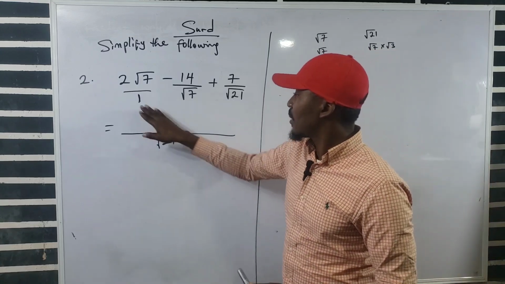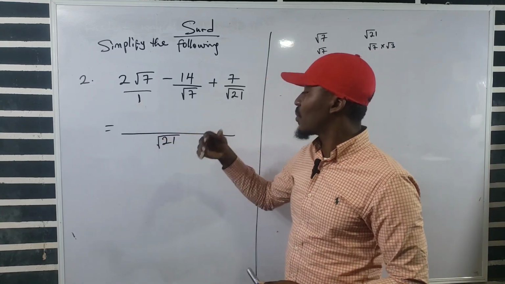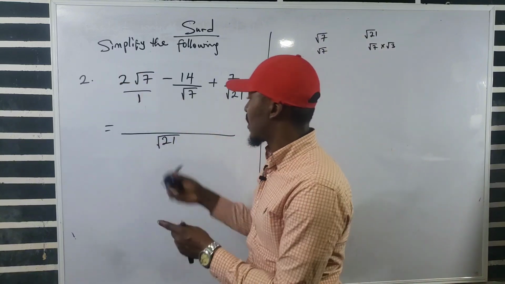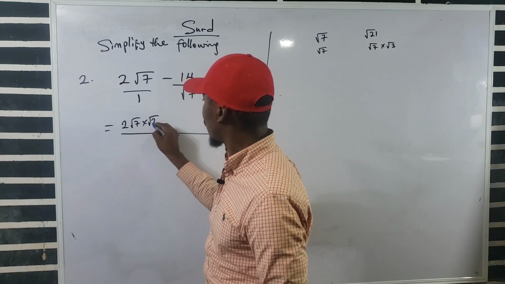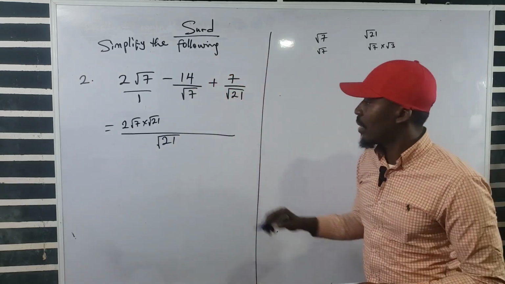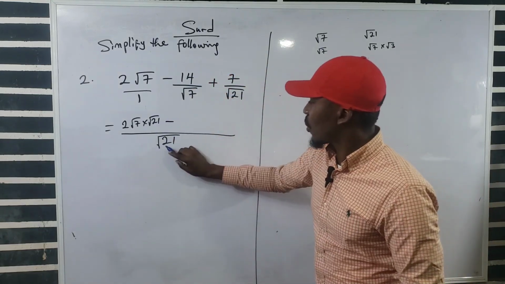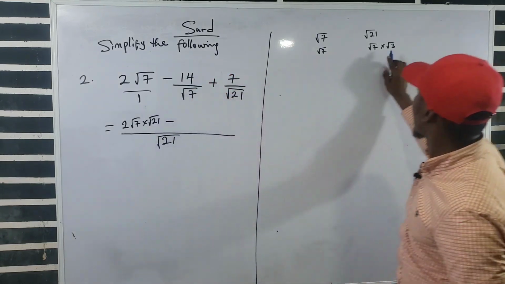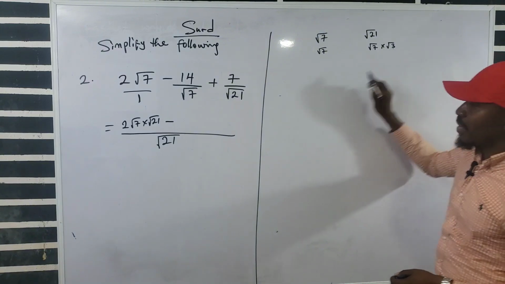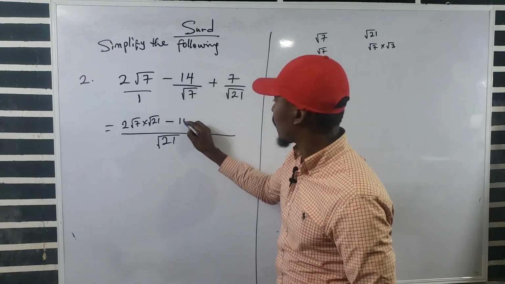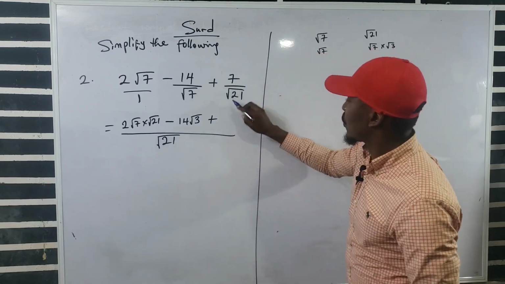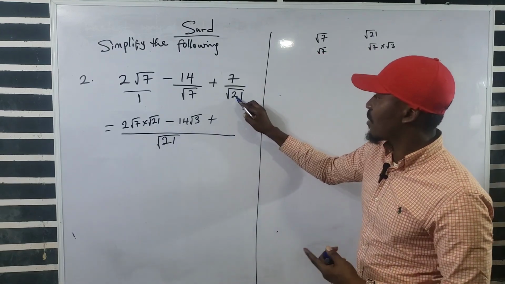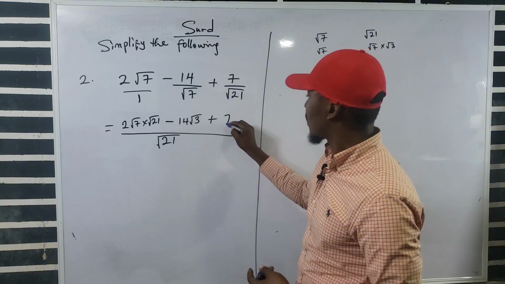So 21 divided by 1, that will give you sort 21. So 21 times this. So let us write it out. Sort 7 times sort 21, okay, minus sort 21 divided by sort 7, we're going to have what? Sort 3. So 3 times 14, that will give us 14 sort 3, plus sort 21 divided by sort 21, that will give us 1. 1 times 7, that will give us 7.